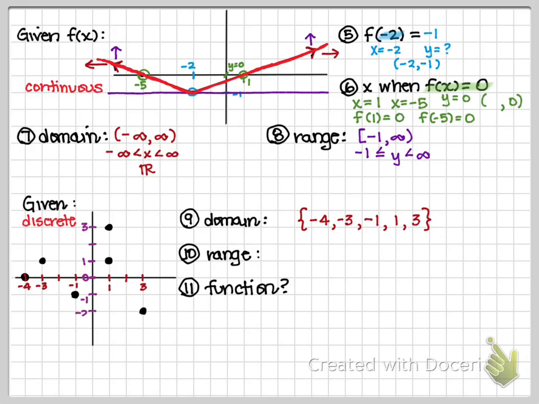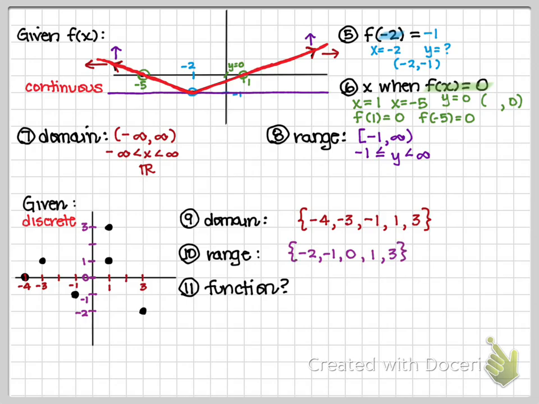And -2, I do have a point. I don't even have any points below that. It doesn't matter the order that you list it. I did small to big previously for domain. I'm going to do the same for range, just kind of a habit that I have, but you don't have to. You can just list the numbers in whatever order you want. So I'm going to go -2, -1, 0. Again, it's just a list, 1 and 3. And then put some braces around it.